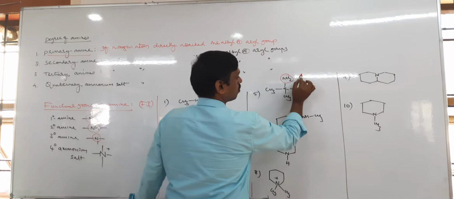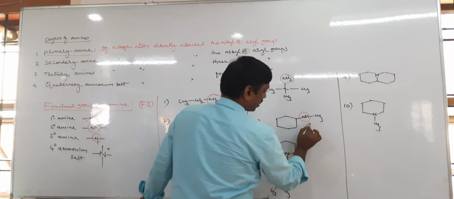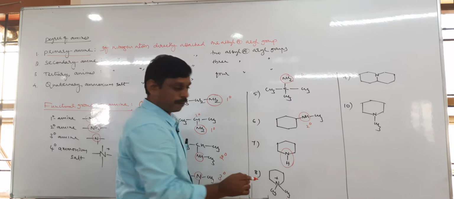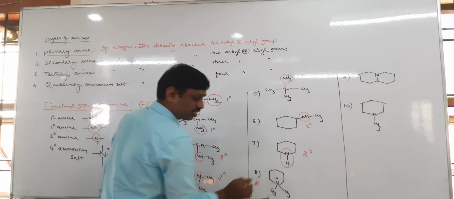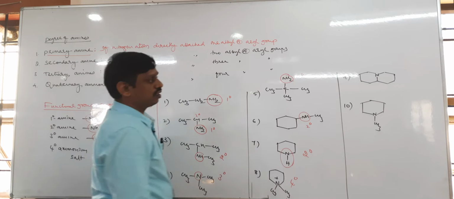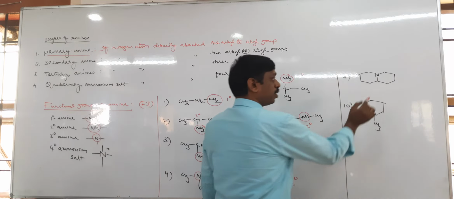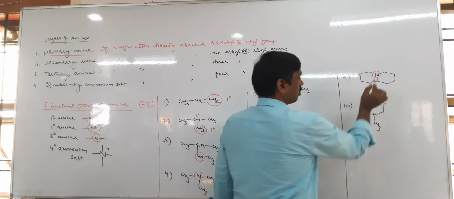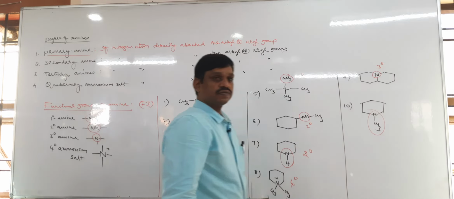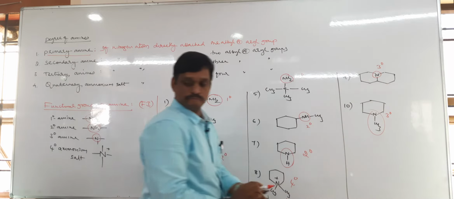NH2, primary. Next, secondary, NH, it is also NH, so it is secondary. Next, quaternary ammonium salt. Next, tertiary, because only N is there. Next, it is tertiary, N. Okay.